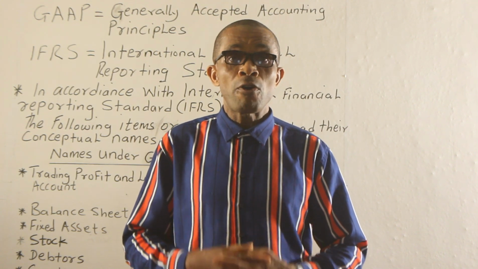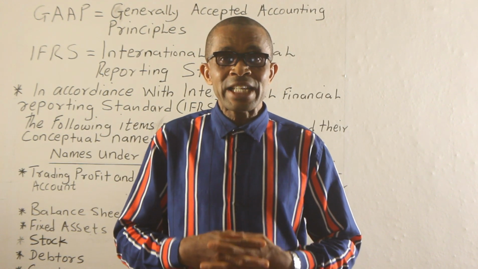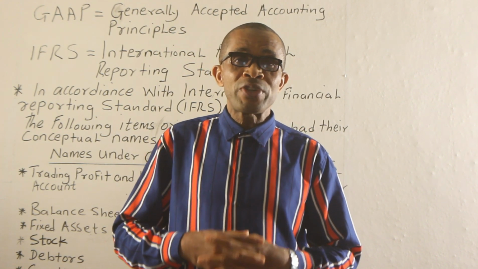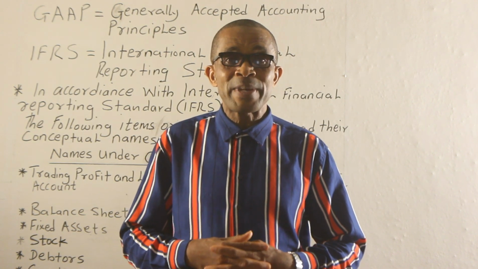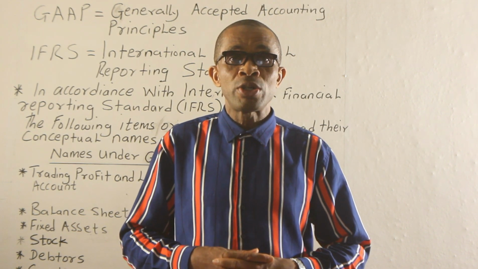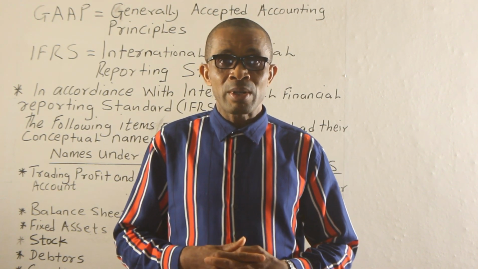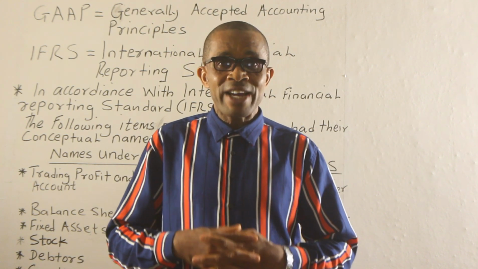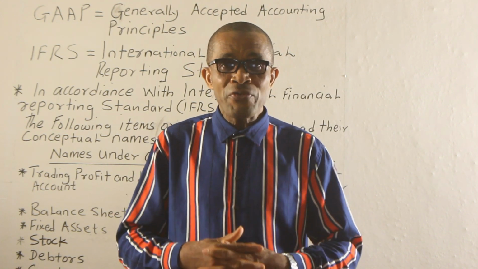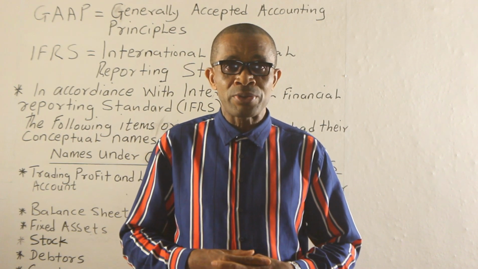That is for profit-making organization. The financial statement for the non-profit making organization is called the income and expenditure account, or can be called the revenue and expenditure account. Balance sheet also forms part of the financial statement for profit-making organizations and non-profit making organizations.